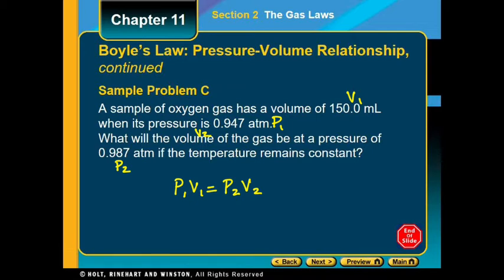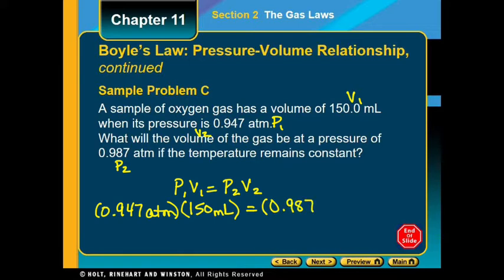Please use your units too when you plug everything in. P1 is 0.947 atmospheres, because you want to make sure in this case your units match up so that they'll cancel. V1, 150 milliliters. P2, 0.987 atmospheres. And we are solving for V2. Should be easy algebra. Multiply 0.947 and 150.